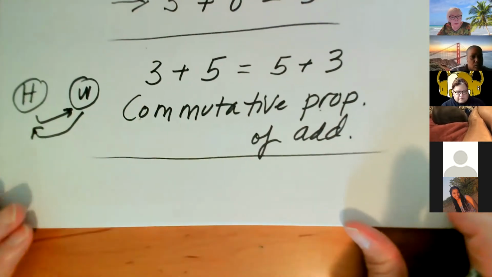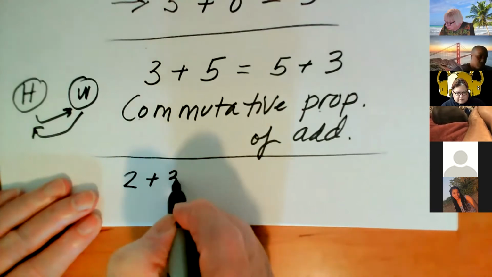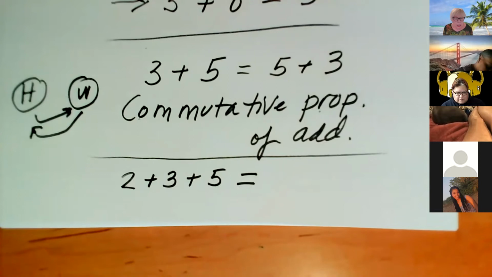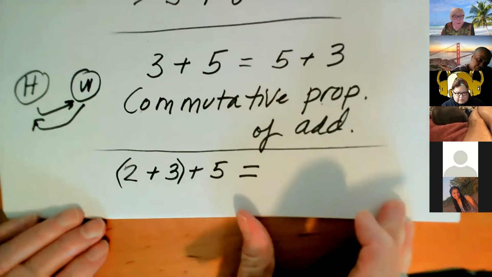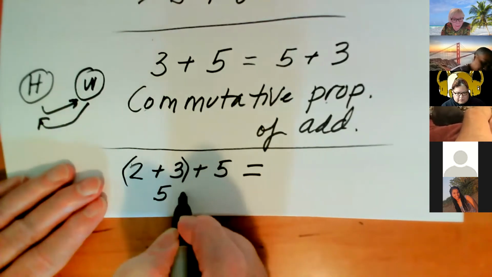There's another one when you're adding 3 numbers at once. I'm going to go 2 plus 3 plus 5. If you think you can add 3 numbers at the same exact time, you're mistaken. You can add 2 at a time and then add the third one. So the first thing I'm going to do is put parentheses around these 2 and add them.